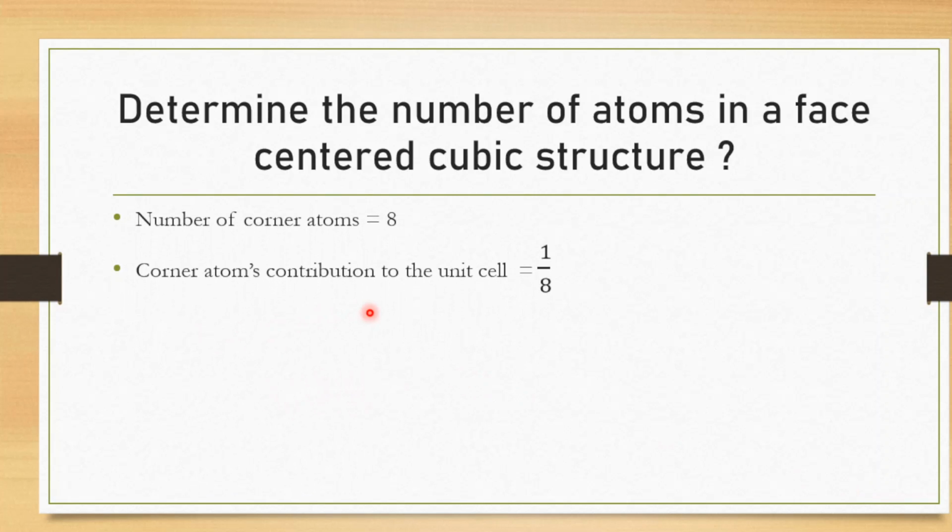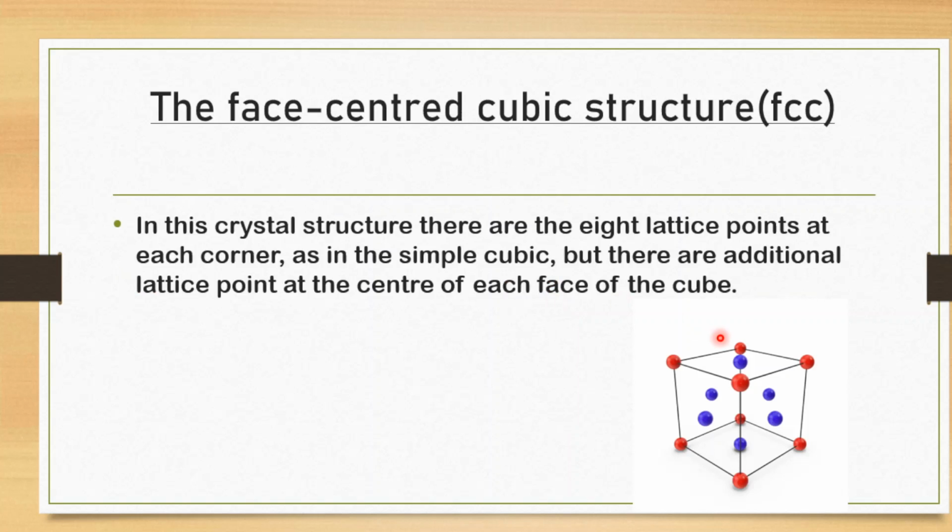Corner atoms contribution to the unit cell equals 1 by 8. This entire atom is shared by 8 cells. This unit cell we are talking about is one of them. So the contribution is 1 by 8.